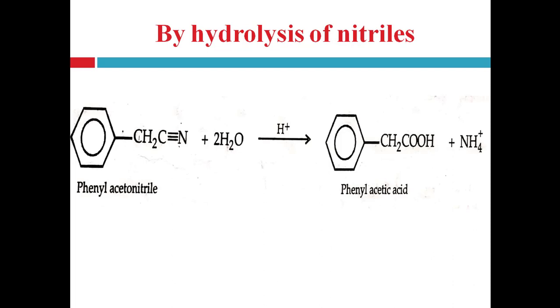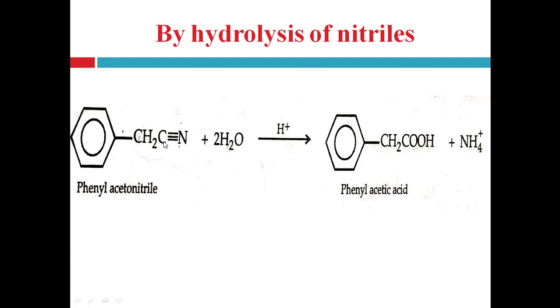The last preparation is by hydrolysis of nitriles. One example is given here. Nitriles on hydrolysis by dilute acid or alkalis give aromatic acid. Here a dilute acid is taken, that means an aqueous solution of acid. So phenyl acetonitrile, a phenyl ring with CH2C triple bond N, that group is the acetonitrile group.